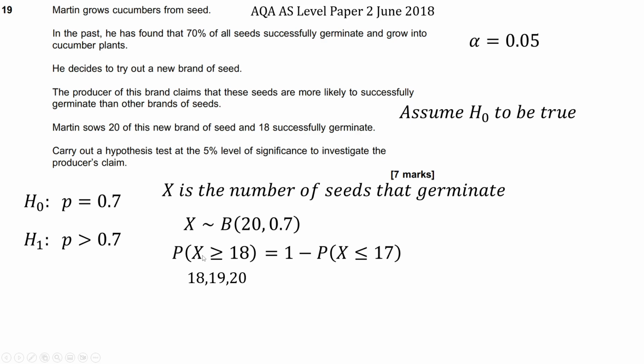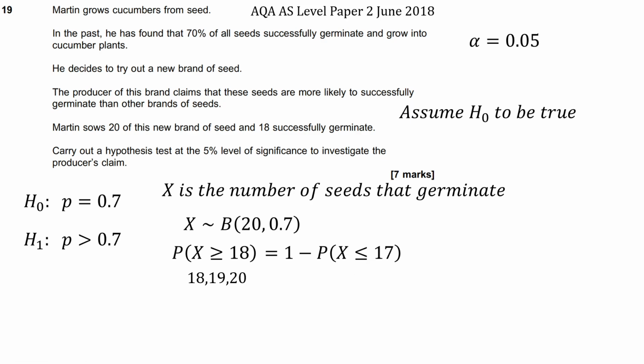So you have to manipulate this. Imagine we only want 18, 19, or 20. Well, what if we get 17, 16, 15 all the way down? So everything less than or equal to 17, but then we do 1 minus that, i.e. that will just get us this. So this is identical to this. We've not actually changed anything here in terms of value.